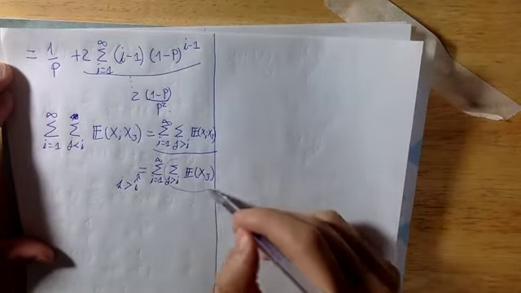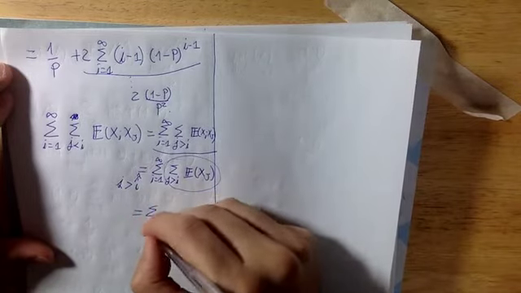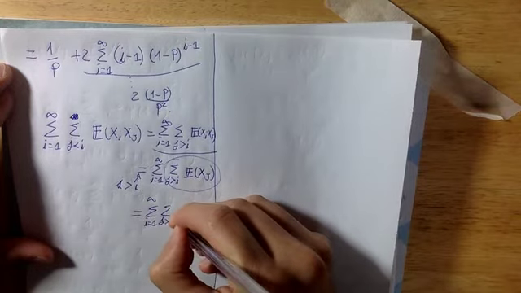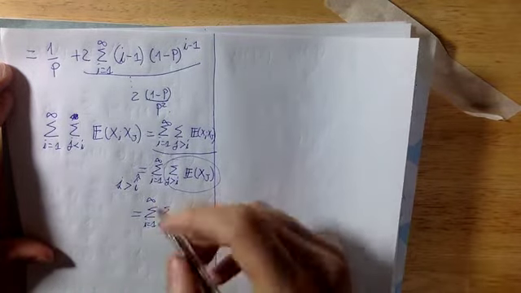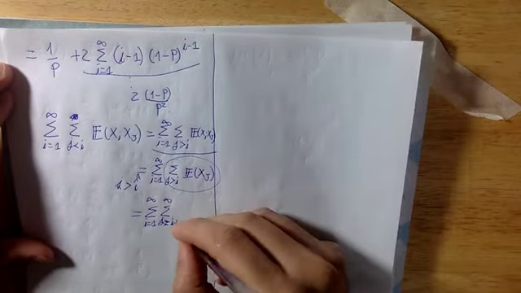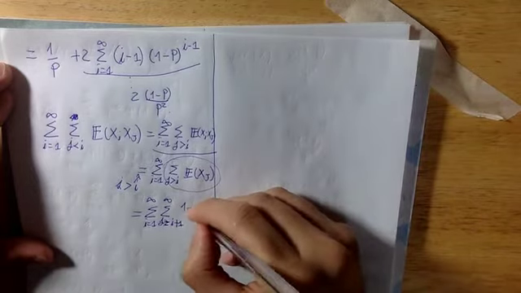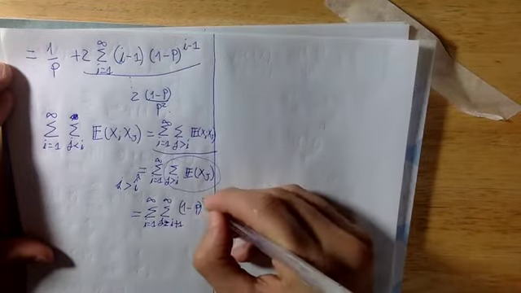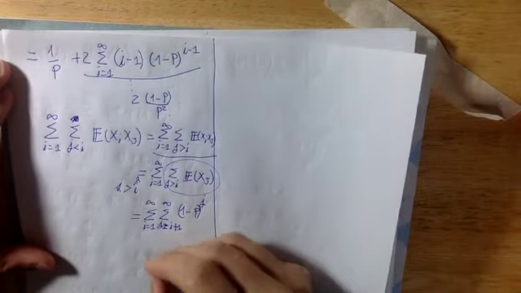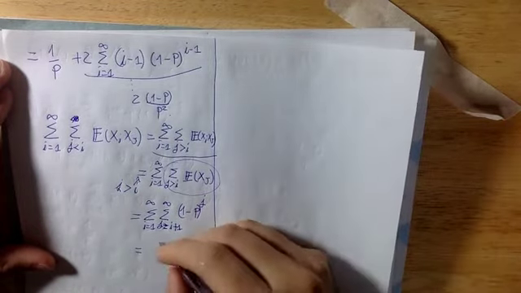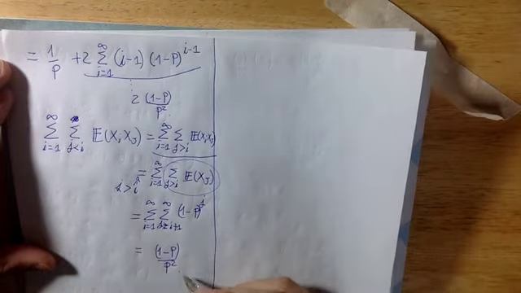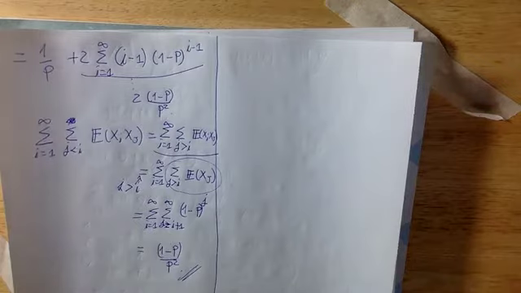Here we would get the sum from i equals 1 up to infinity of the sum from j equals i plus 1 up to infinity of (1 minus p) to the j. Now you can follow these calculations to get that all of this is going to be equal to (1 minus p) over p squared. I'm not going to follow it, but the idea is the same as what we've been doing so far.